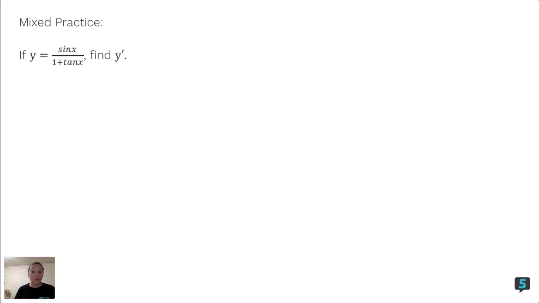I'm totally in agreement with you, Dylan. We have two functions being divided here, so we need to make sure that we go ahead and use the quotient rule. Okay, now remember, regardless of whether we use product rule or quotient rule, we can still set it up the same way initially. We're going to have sine x and 1 plus tangent x.